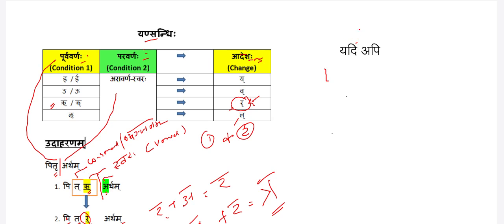We have to identify which is Purva Varnaha, which is Paravarnaha, and then we have to check if the conditions are being met. When the condition is met, then the change would take place. So let us write this: Ya, Ya only.